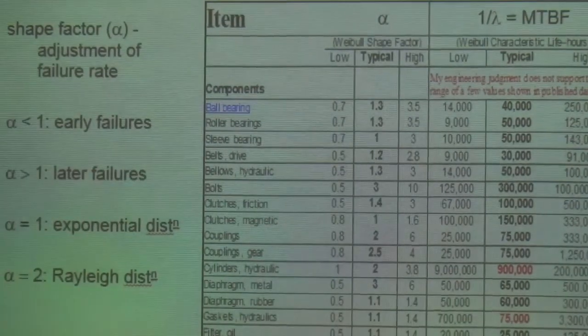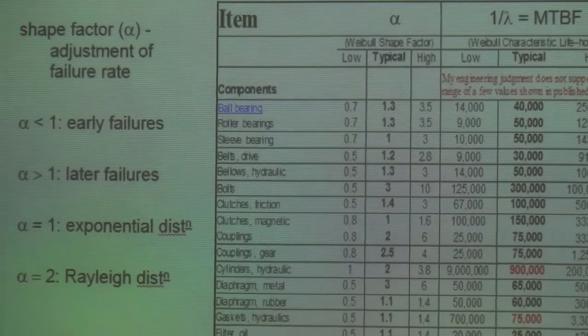Okay? And when you're dealing with real data and collecting data, you're going to get variability. That's inherent in data. So really what you need to think about is, does my data imply that they fail early, in which case that's what my shape factor is going to look like, or is it going to occur later, in which case my shape factor will be greater than 1. Okay, 1 being the inflection point, because that's just a straight exponential.